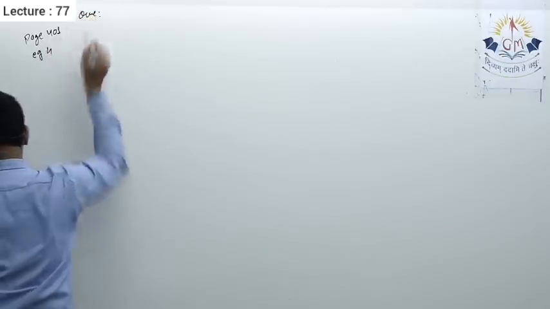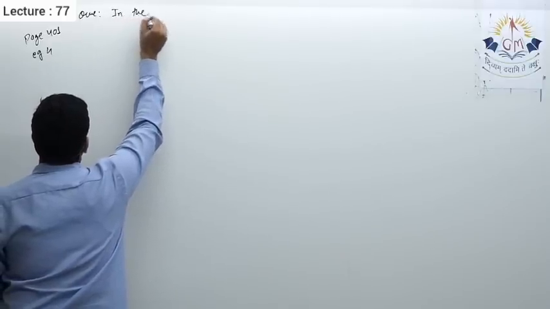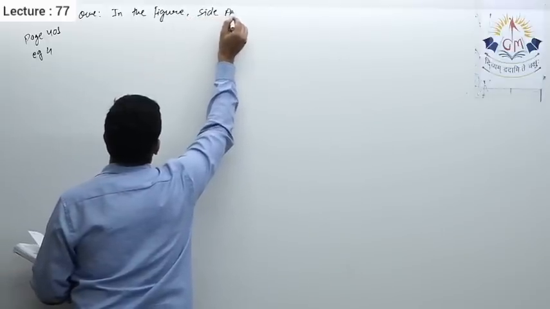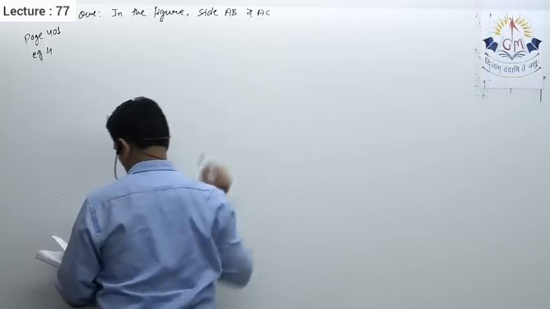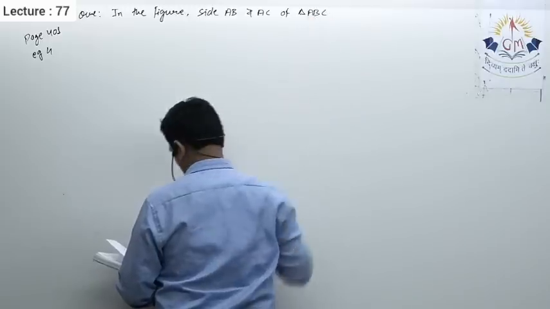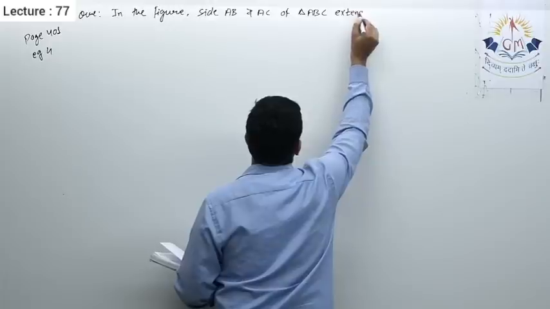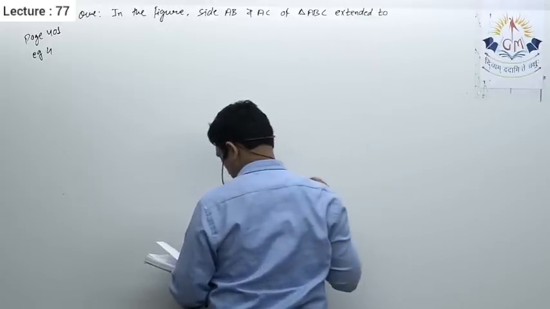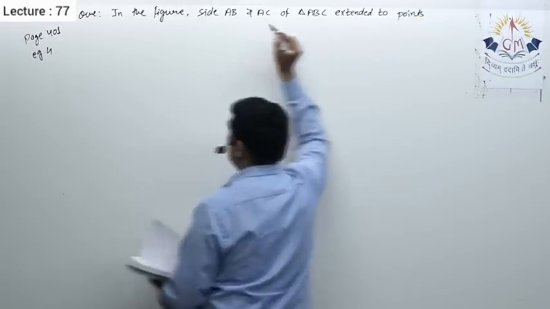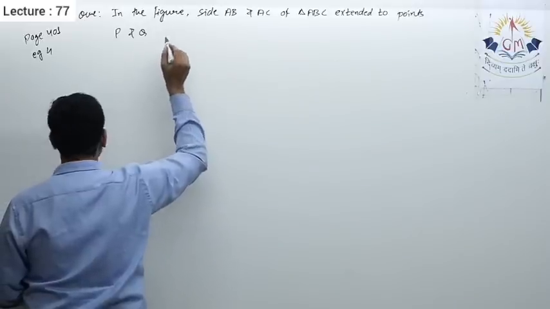The question is: in the figure, sides AB and AC of triangle ABC are extended to points P and Q respectively.